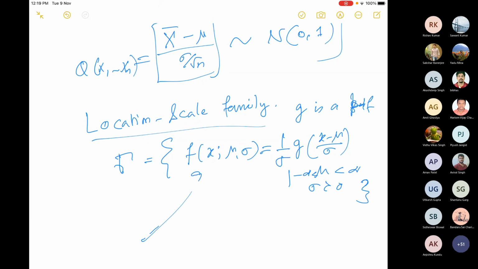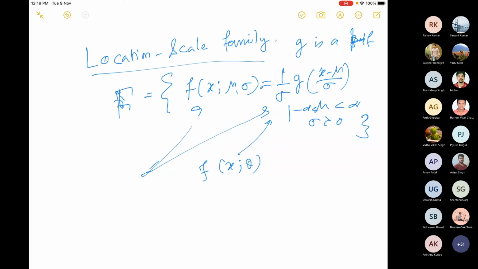If my population PDF f(x, theta) has this kind of form for some PDF G, then it is easier for us to compute the pivotal quantity, and we can estimate theta.